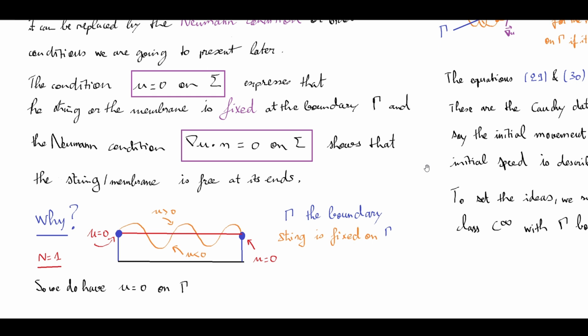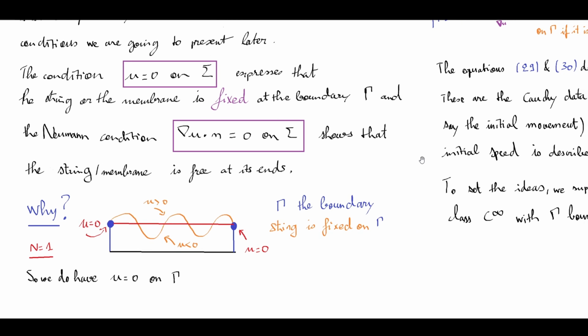Why? So here in the little scheme I drew, we can see that the extremities are fixed. So gamma, the boundary, is in blue, and our string is fixed on gamma.